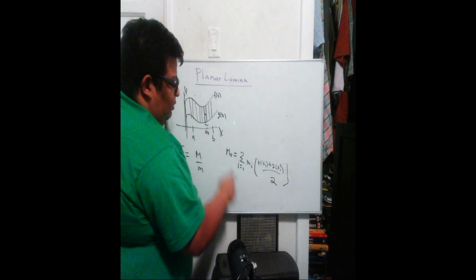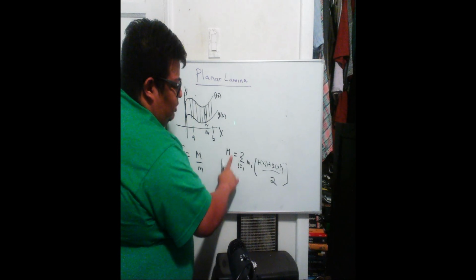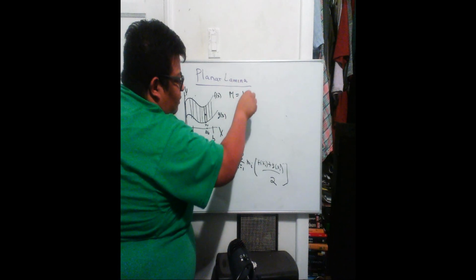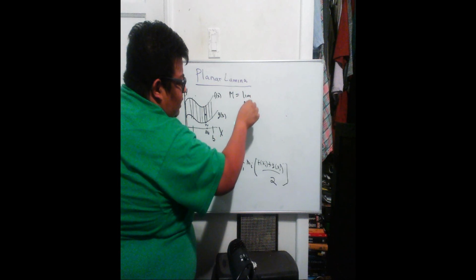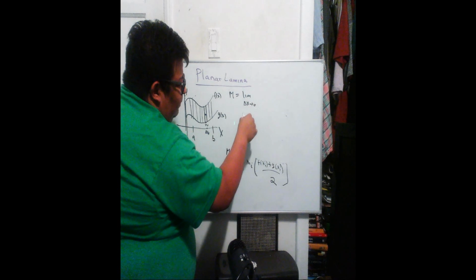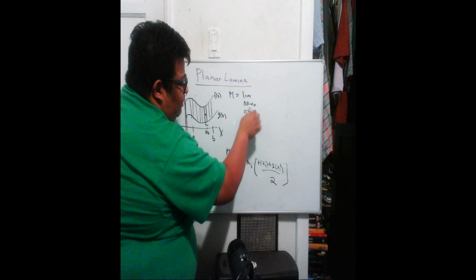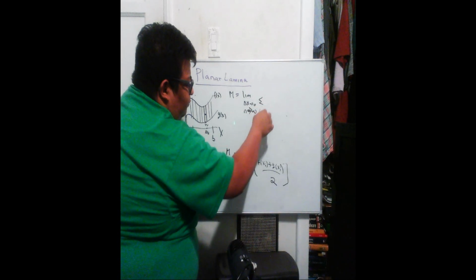So we take the limit of this sum. This is the total moment. The total moment, we take the limit as each little delta x approaches 0, or as n approaches infinity, of this sum.